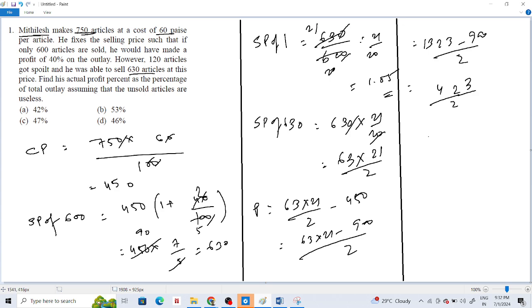Total outlay, assuming that the unsold articles are useless. So total outlay means this profit divided by the CP, 450, into 100%.